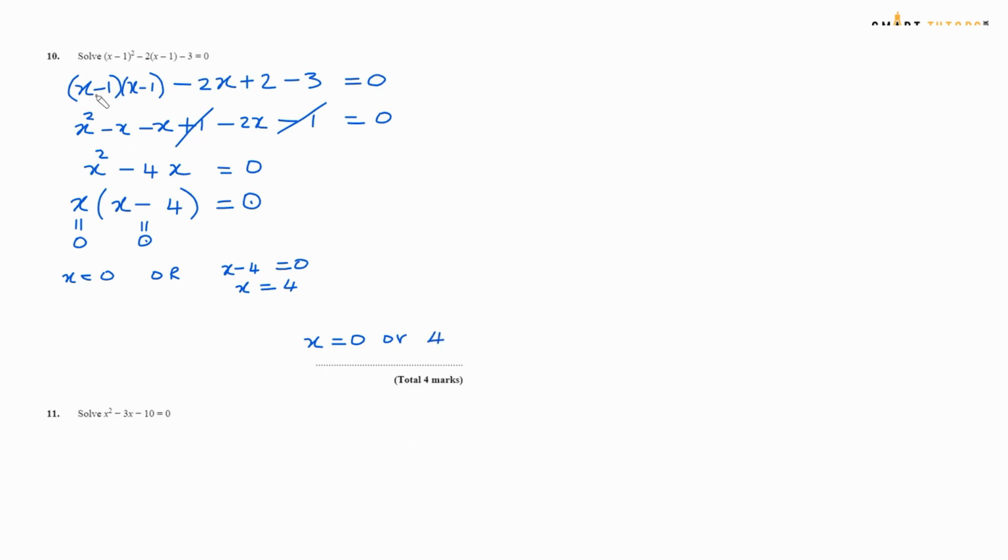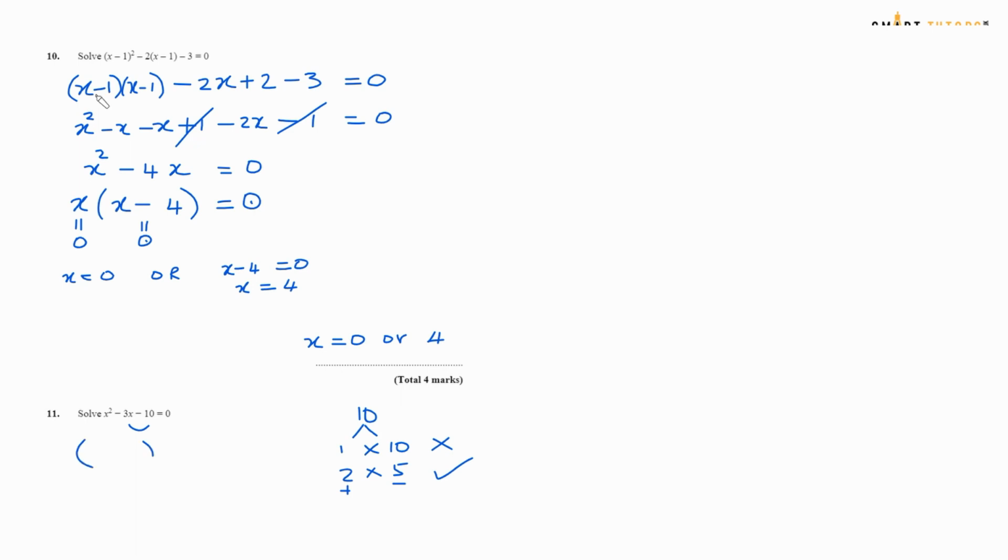Question number 11. Solve x squared minus 3x minus 10 equals 0. It is straightforward quadratics. The factors of 10 are 1 times 10, 2 times 5. The sign is minus, so take away the factors. 10 take away 1 is 9, so that is not the factor pair. 5 take away 2 is 3, that is the one. You need to get minus 3, so the bigger number gets the minus, the other one gets the plus.